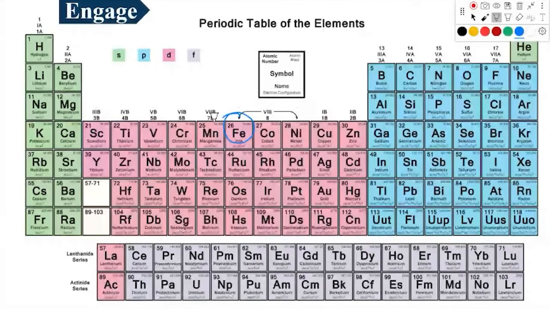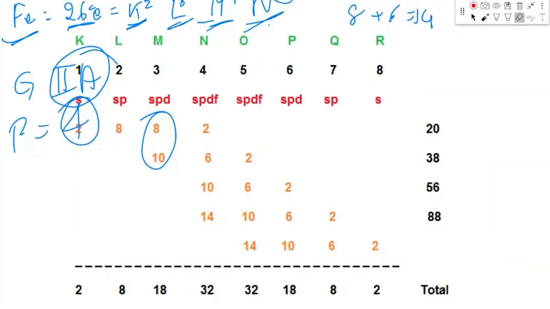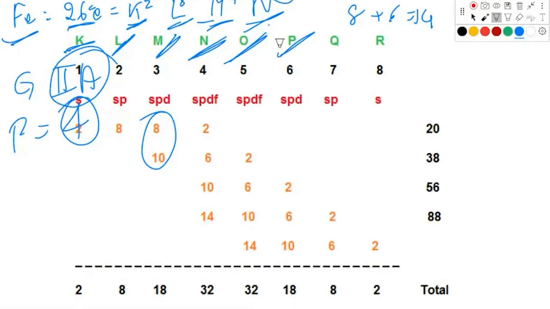Actually it stays in period 4, but not group 2A. But why does the main shell tell us like that? The shell K, L, M here. Because this layer is not really accurate.